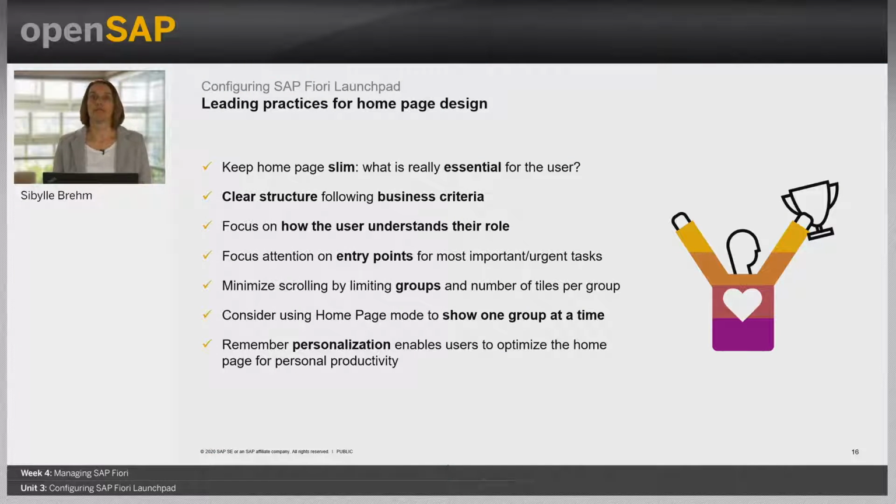There are some simple guidelines you can follow to ensure a good user experience on the homepage. You want to keep the homepage slim and make sure everything on it is easy to understand and well organized. Taking a business-centric approach is essential. You want the homepage to fit with the way your users think.